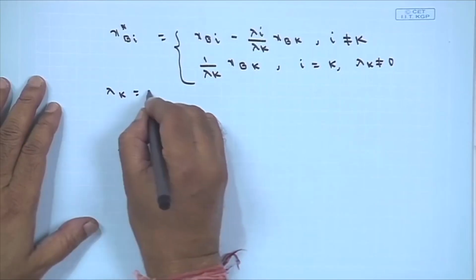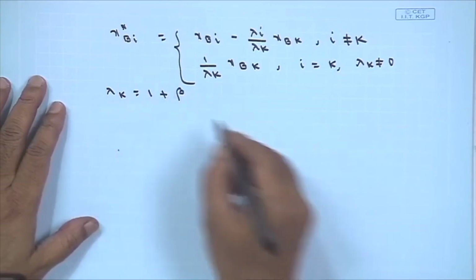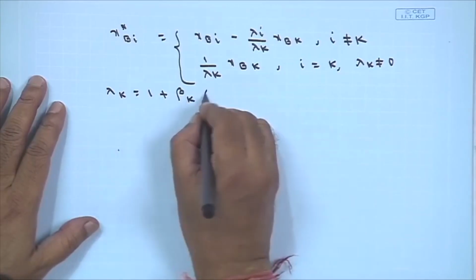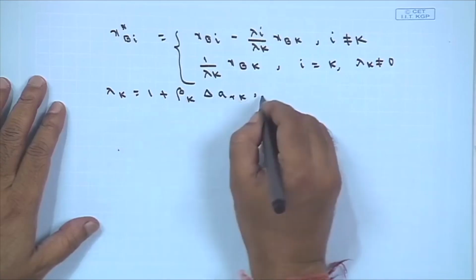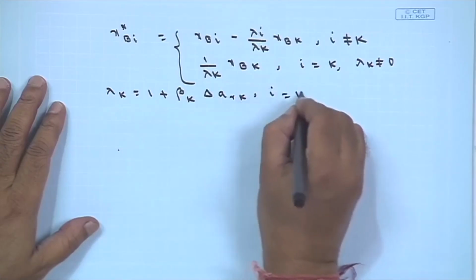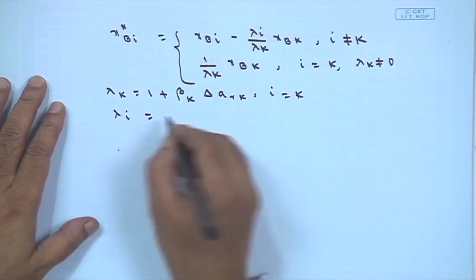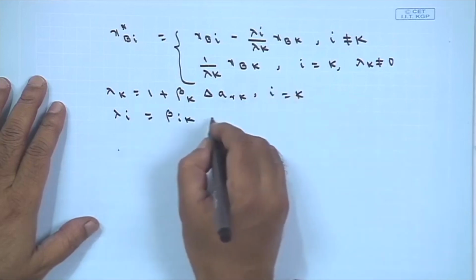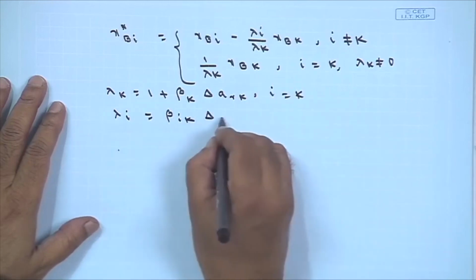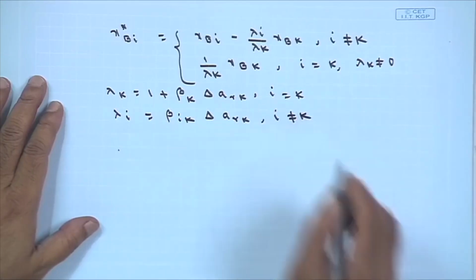Your lambda_k equals 1 plus beta_kk into delta a_rk, whenever i equals k, and your lambda_i equals beta_ik into delta a_rk, whenever i is not equal to k.